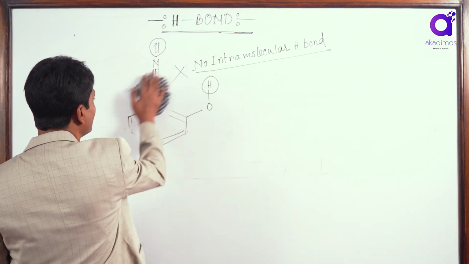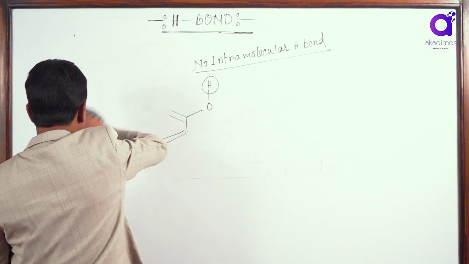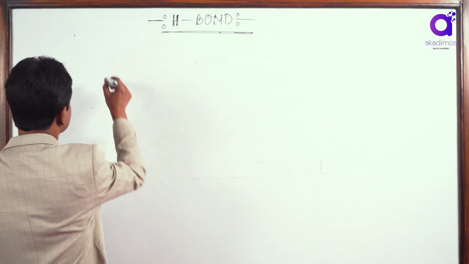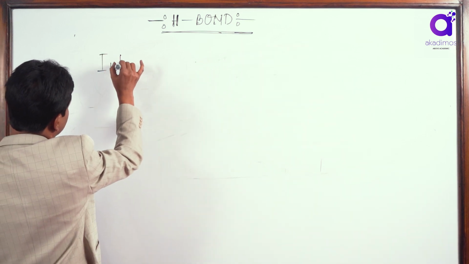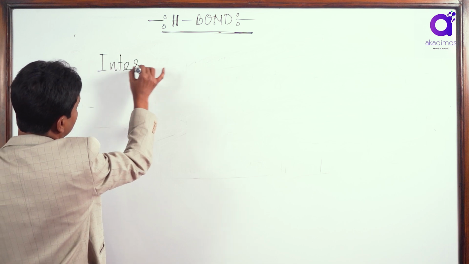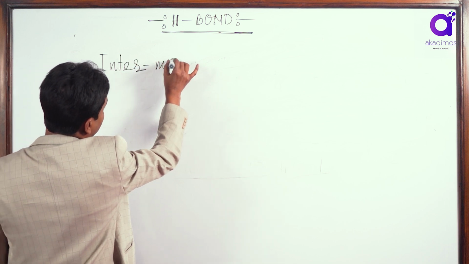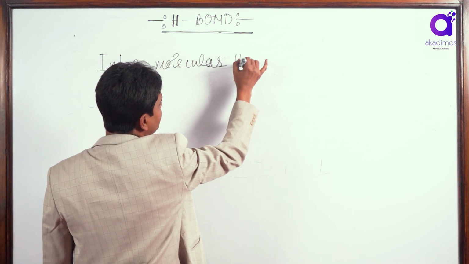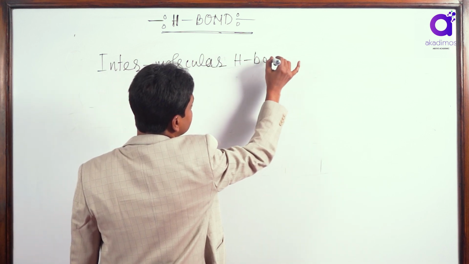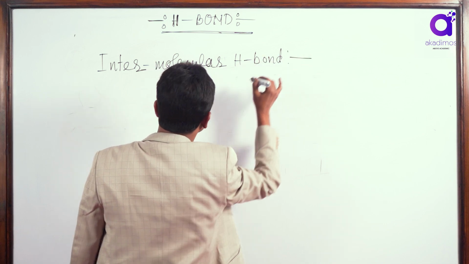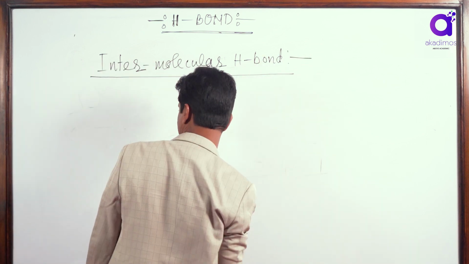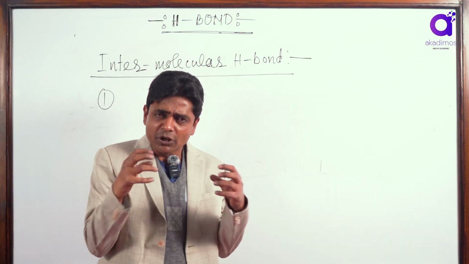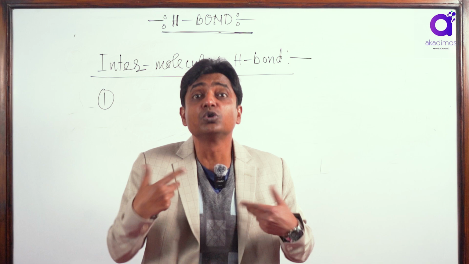First, you have to know what parameters or properties change due to intermolecular hydrogen bond. Why am I going to discuss this twice? Intermolecular hydrogen bond, what will it do?